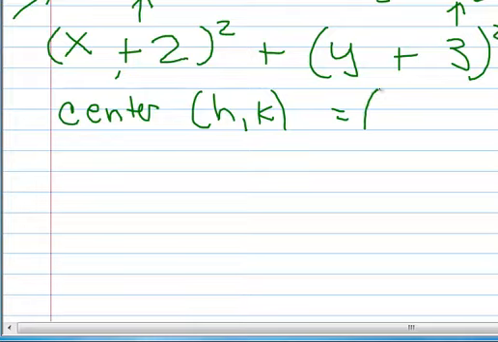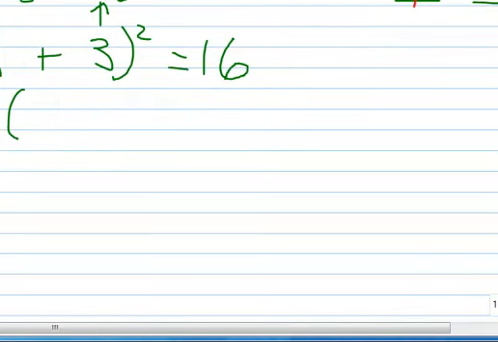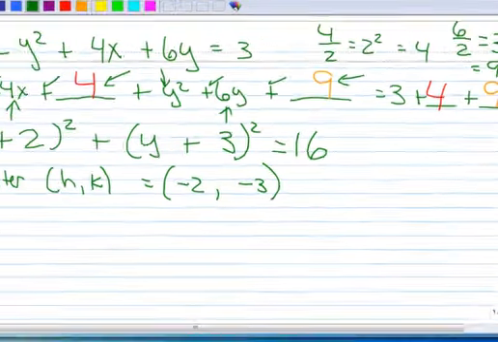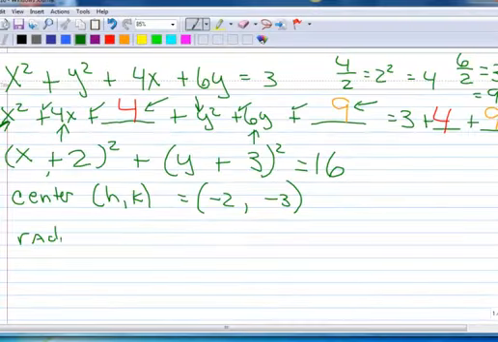In this case, the h is -2, and the k is -3. And the radius, well, that's going to be the square root of 16, which is 4. So that's how you convert from general form to standard form, and then identify the center and the radius.